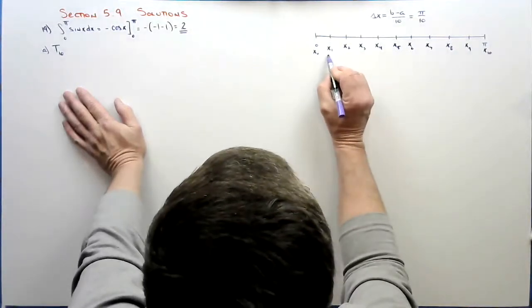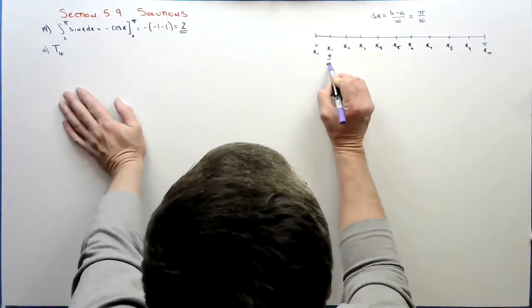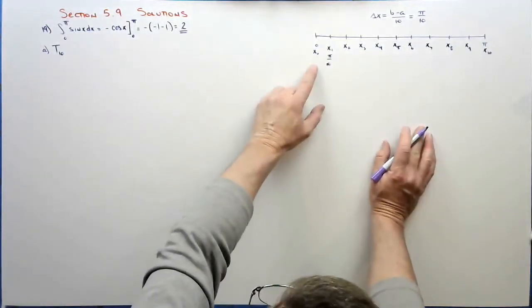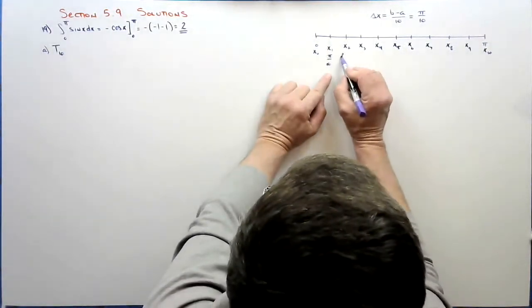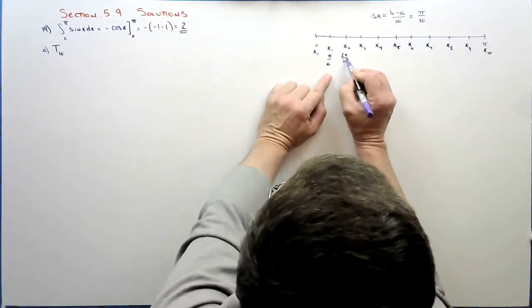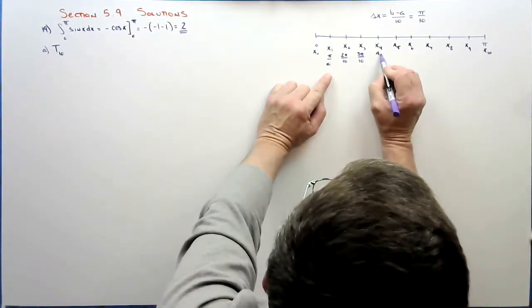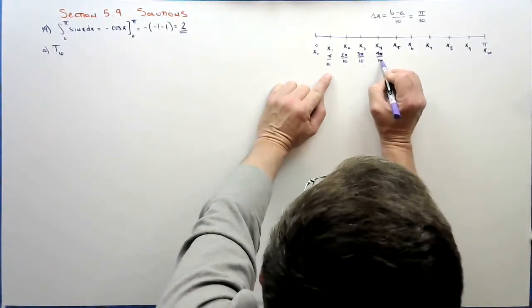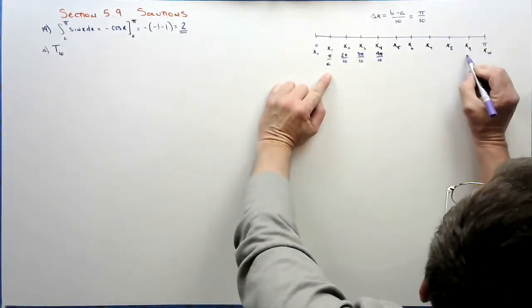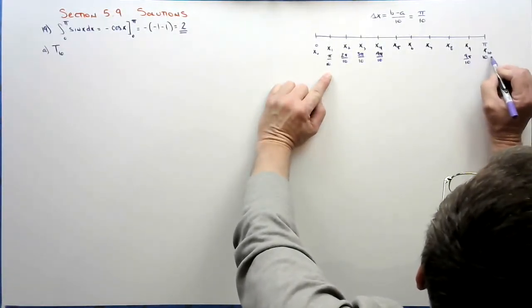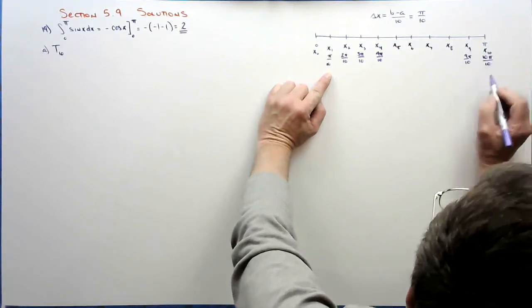This is going to be pi over 10. We start at 0, we go pi over 10. This is going to be 2 pi over 10, 3 pi over 10, 4 pi over 10, until we get down to 9 pi over 10, and then finally 10 pi over 10.